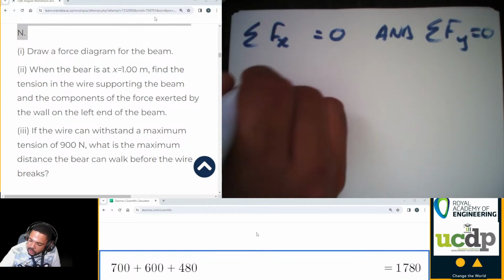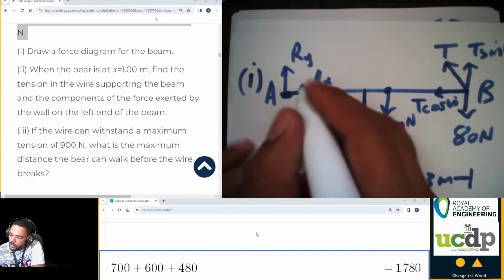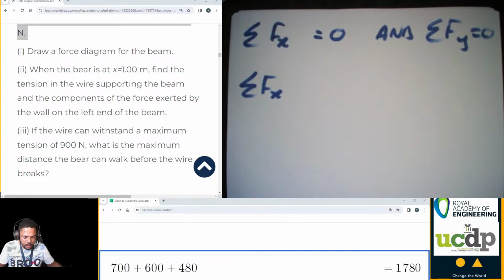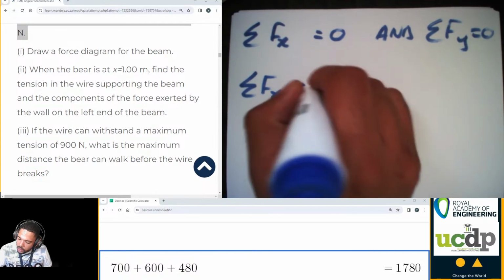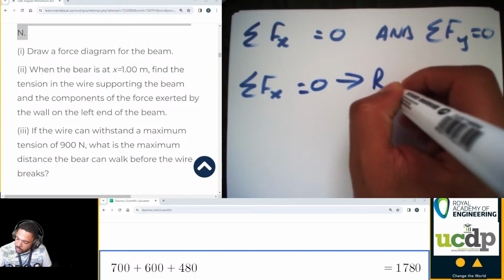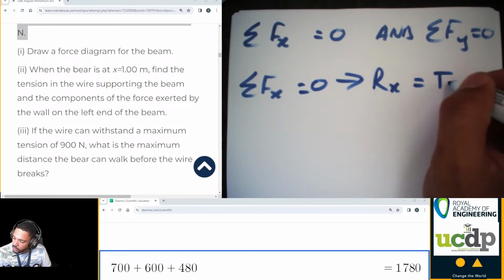So the sum of the forces in the x direction. Let's start with that. There are only two forces in the x direction: Rx and T cos theta. So if this is equal to 0, then Rx should be equal to T cos 60.